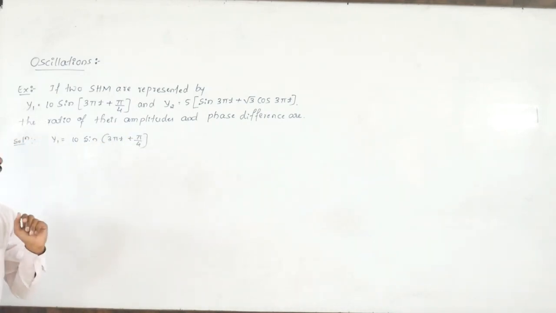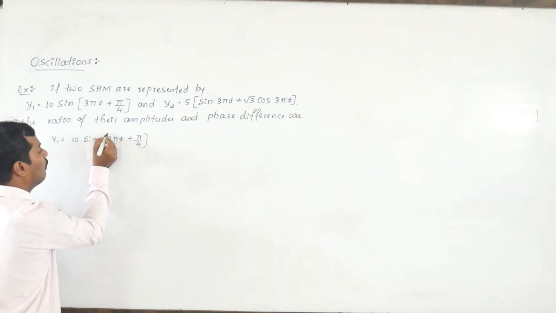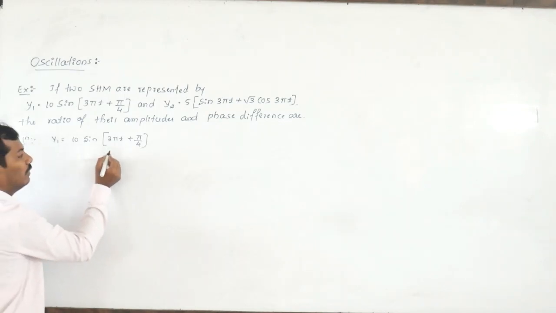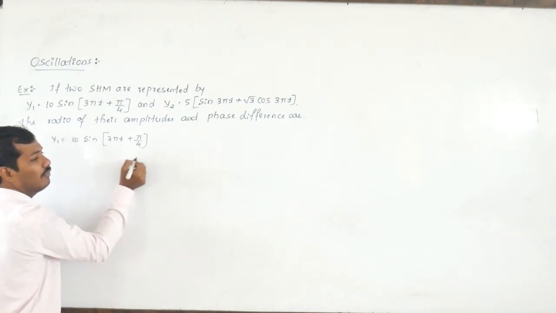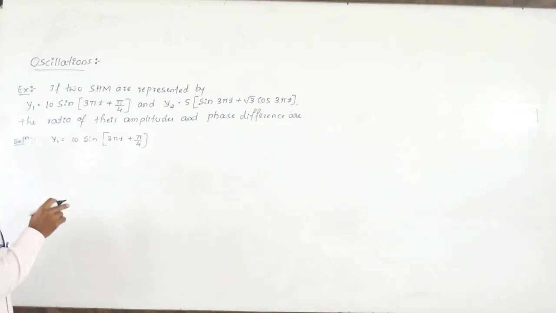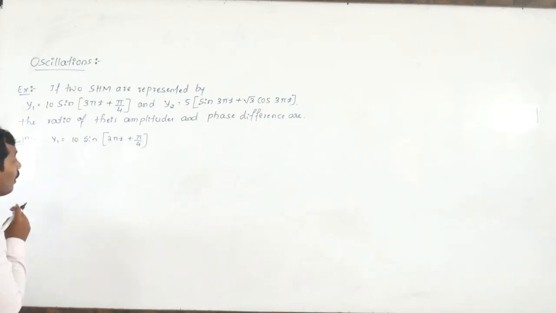This is in the form y equals a sin(omega t plus phi), and we call phi naught as phi 1.